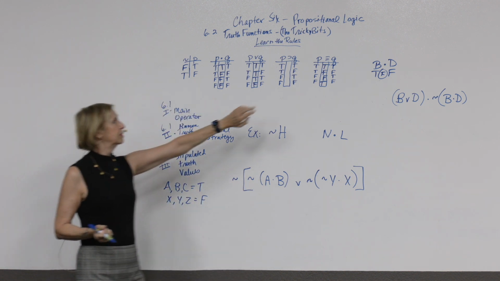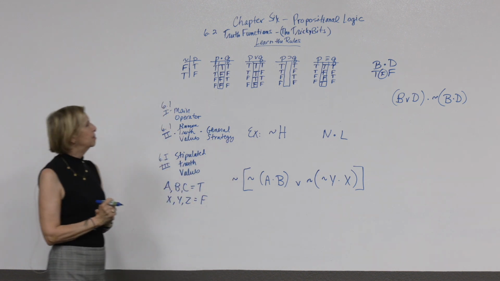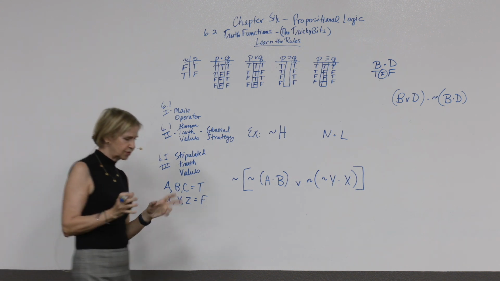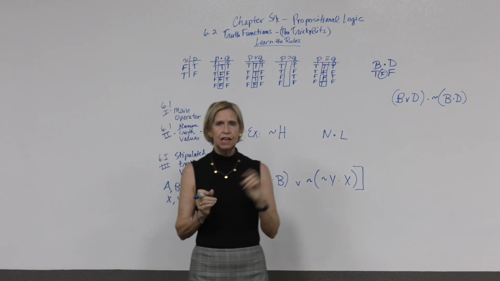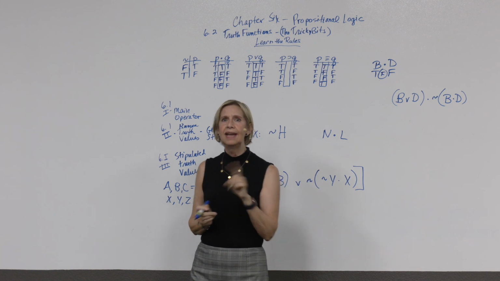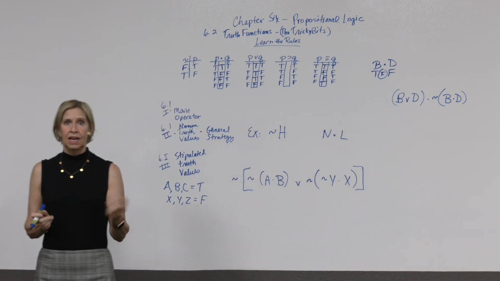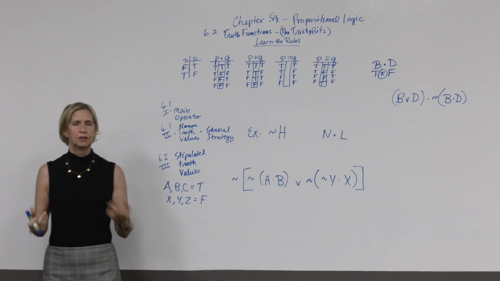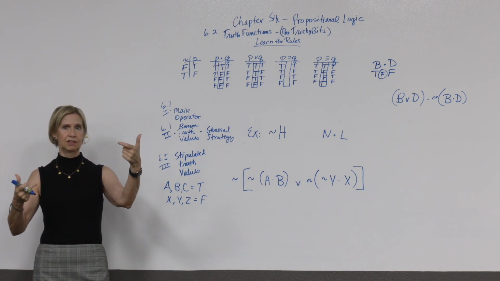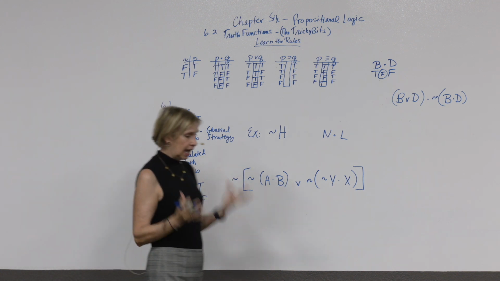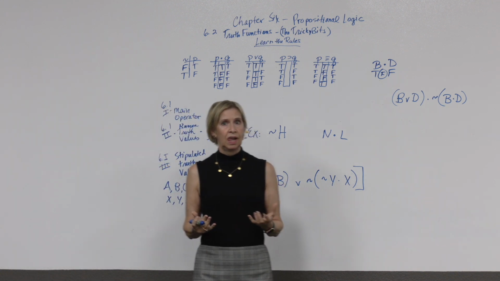Okay, so let's go back to the horseshoe. In that case, when you're dealing with the horseshoe, there's an example in your book that says, if you get an A on the final exam, then you will receive an A in the course. Now, that's a hypothetical. There are two statements. You get the A on the final, you get an A in the course. So, how do you know when that's true?